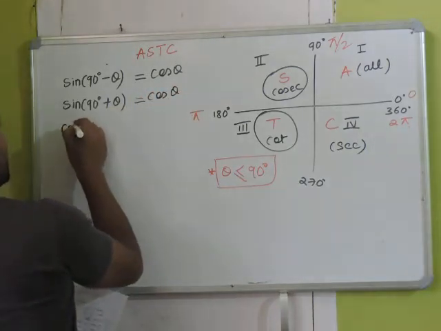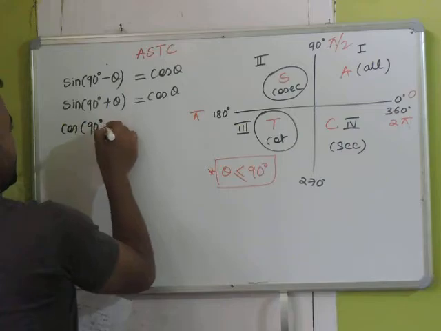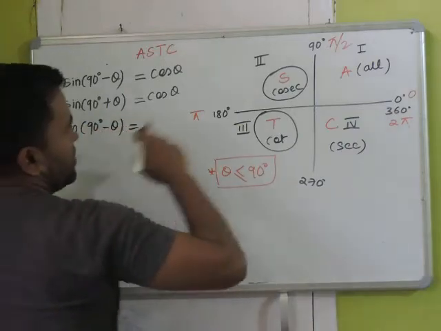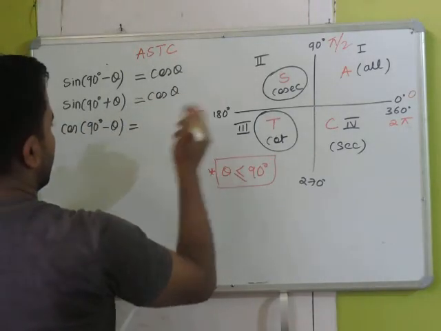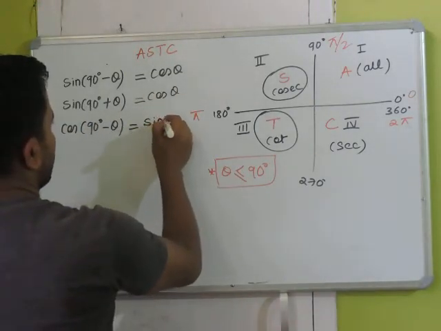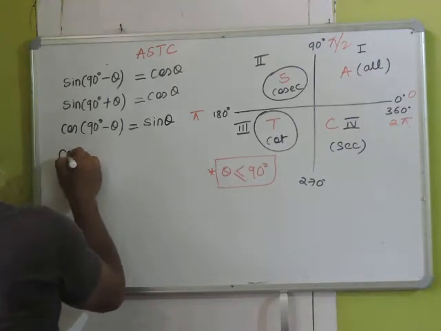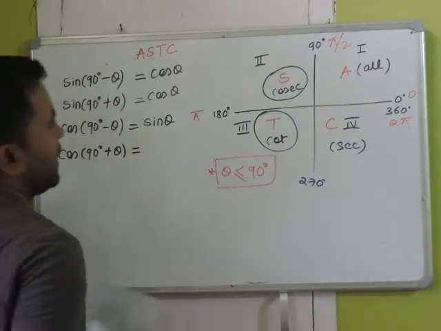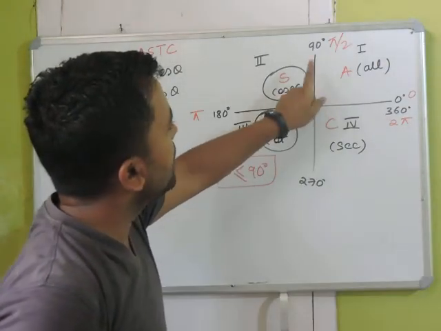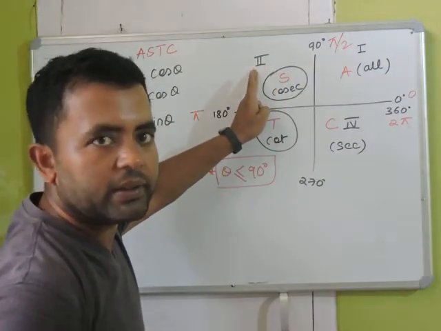Now what is cos 90 minus theta? 90 minus theta means the first quadrant, and cos will change into sine, everything is positive, so this will be sine theta. What will be cos 90 plus theta? Now see, 90 plus theta means you are in this quadrant, right?